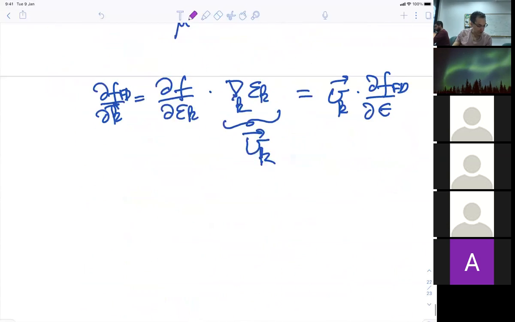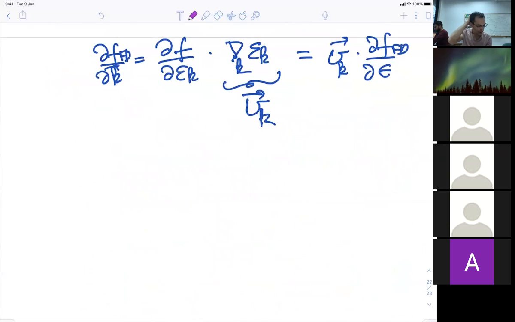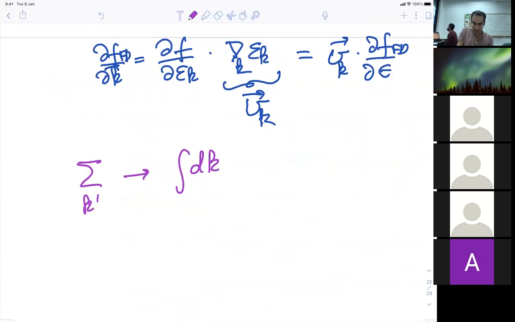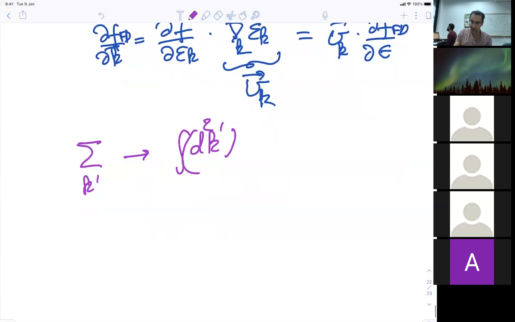So we substitute this into the Boltzmann equation, and just for simplicity, let me now replace the sum over k prime by the integral over dk prime. And let me focus on the d equal to two-dimensional case just to make my integral simpler. Later on, we can correct and allow for all other dimensions.